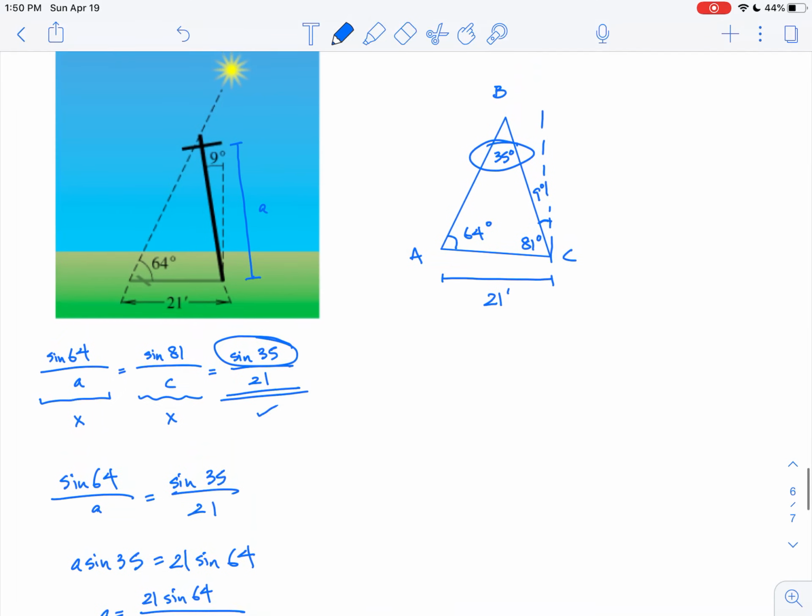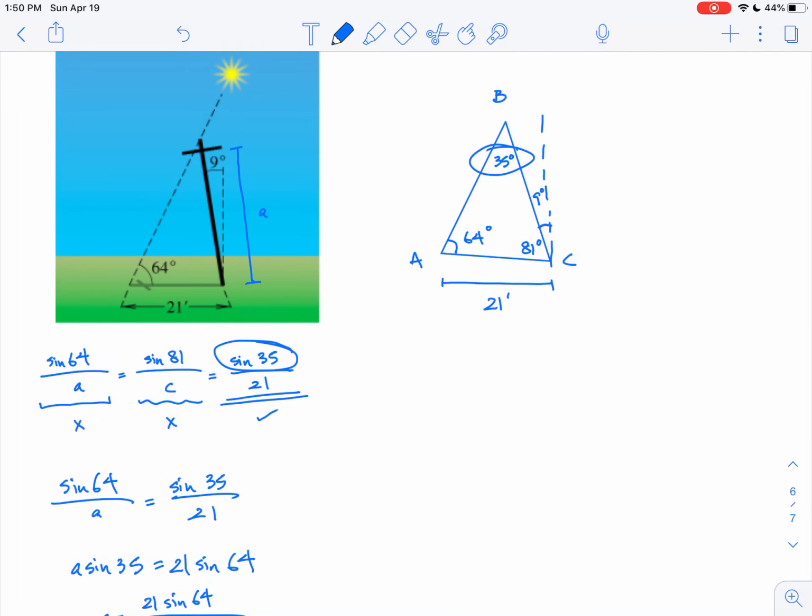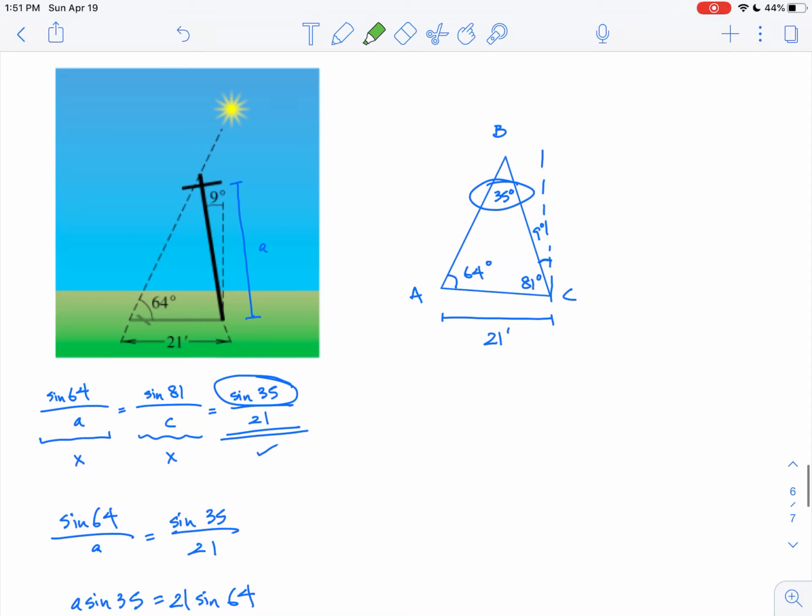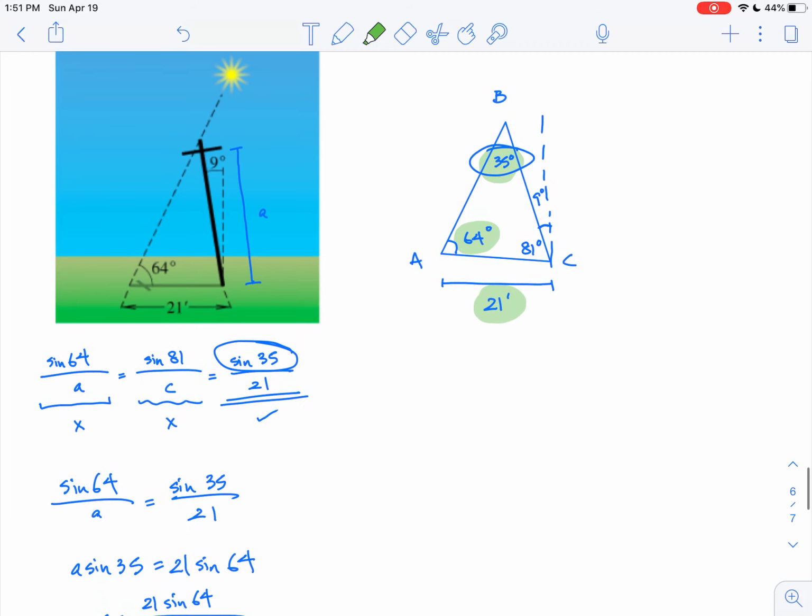Because we're looking at a diagram here, we can also tell which case this is. Is it angle side angle, side angle side, or side side angle? When we look at the information we used, we can figure that out. I had angle A, then I used angle B, and then I used this 21 over here.